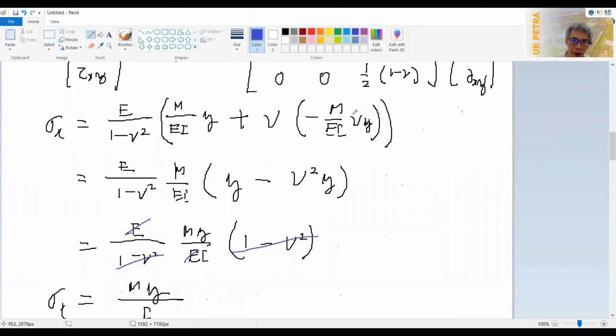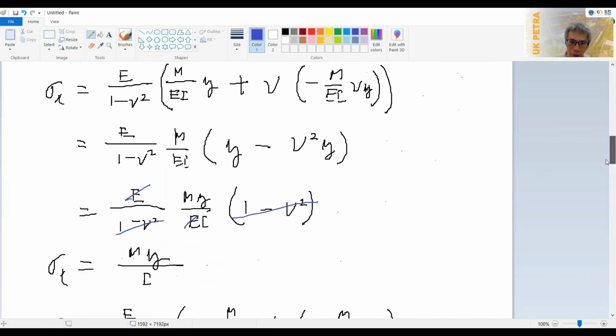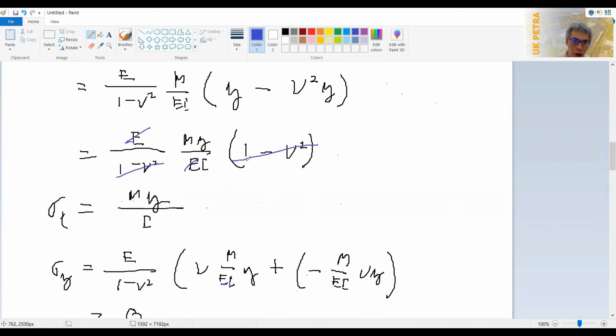Okay, and then we can take out the factor of M over EI from the brackets, and then we can take out the factor of y, and then we have this one. So we see that this is 1 minus nu square, this is 1 minus nu square, we can cancel. So the result is this one.